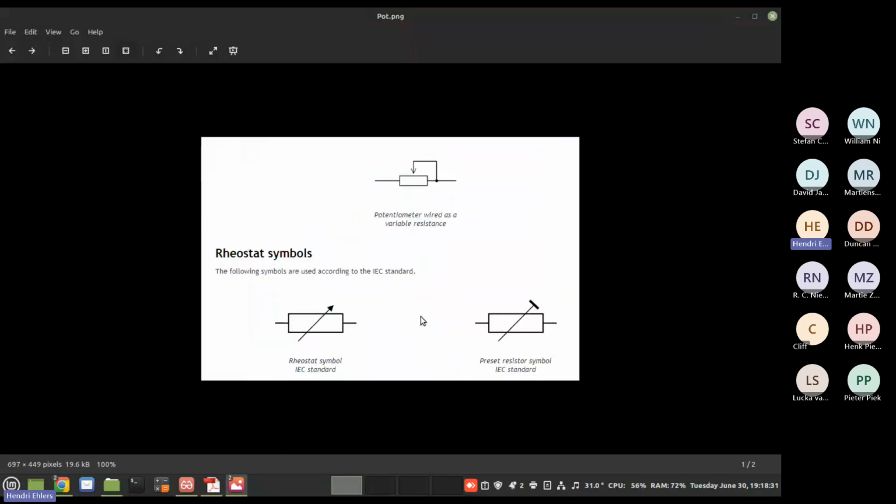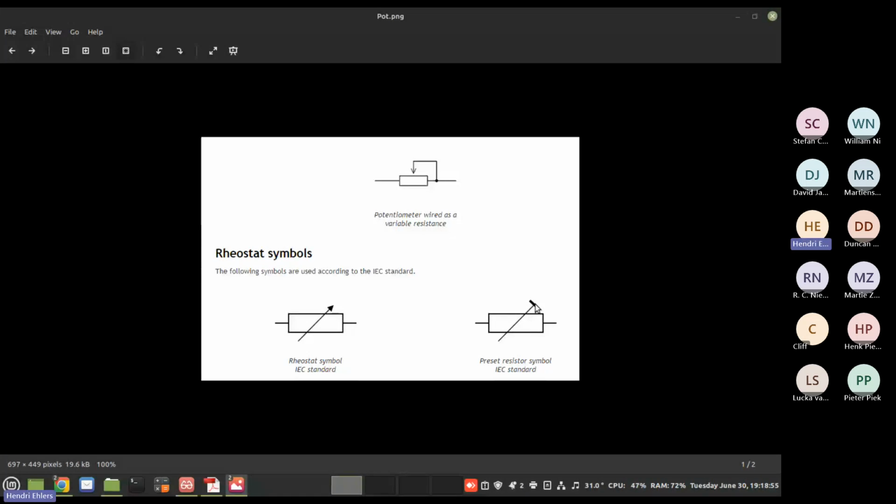Right, and then here are the symbols for rheostats and potentiometers. That is one of them. This one you'll see typically on a volume control. The arrow means that this one would be adjusted while in operation.